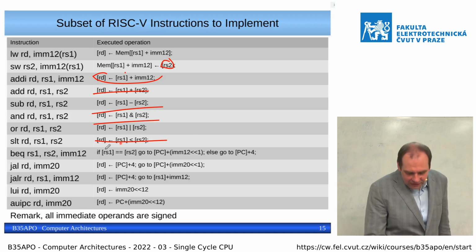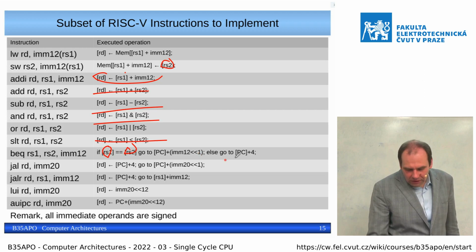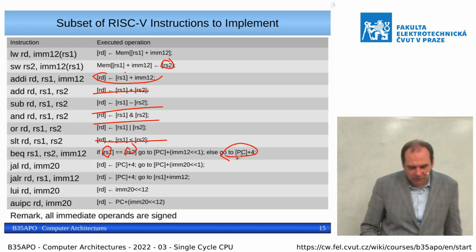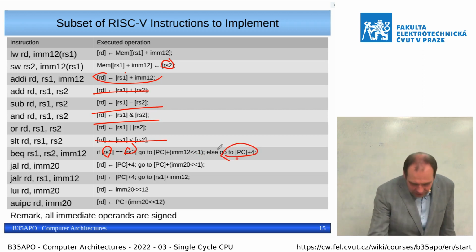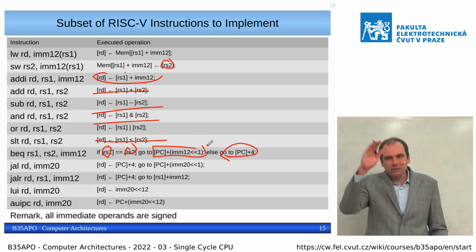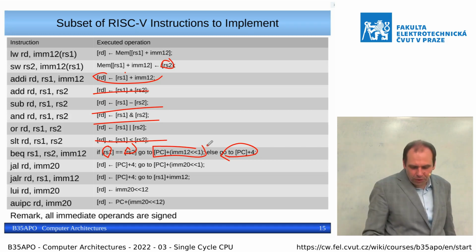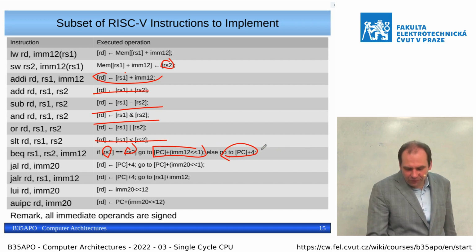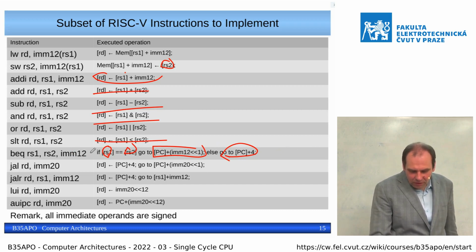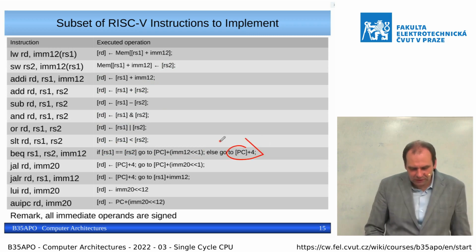Then there is a compare of one register with another, and if they are equal, then we go to the address which is given by the program counter and some offset. So basically, we can build loops of some size. If the condition is not true, then we go to the next instruction.